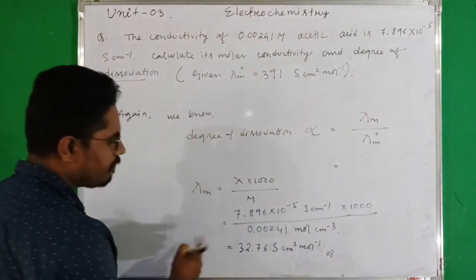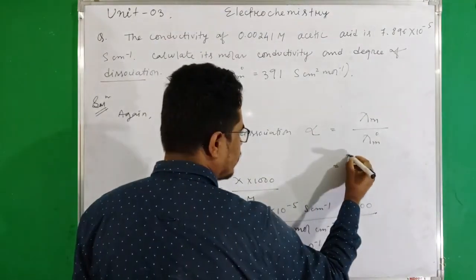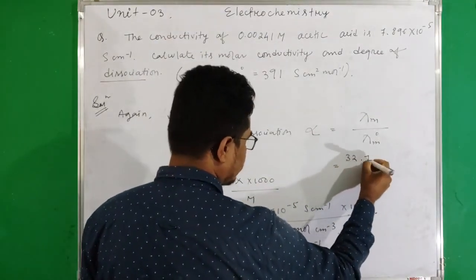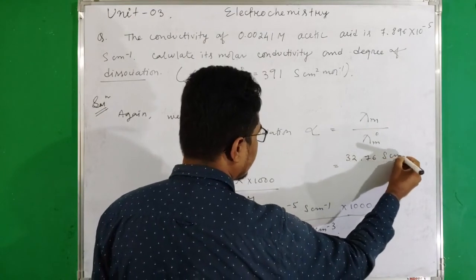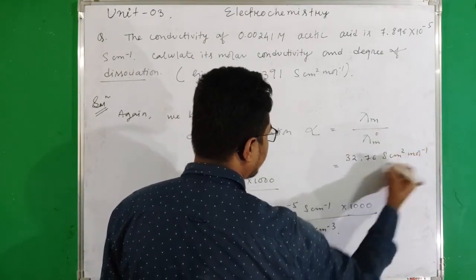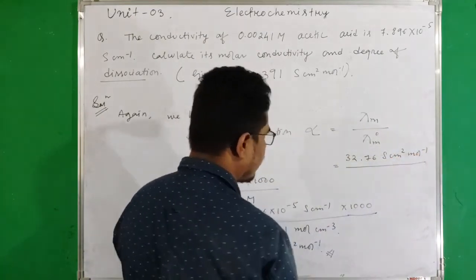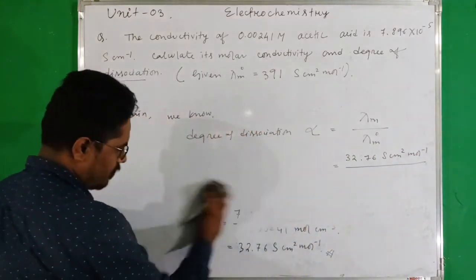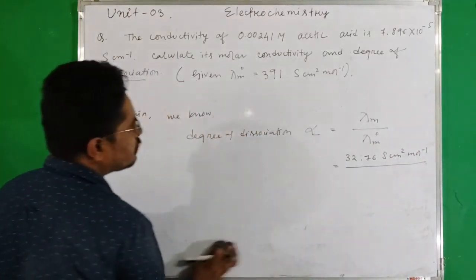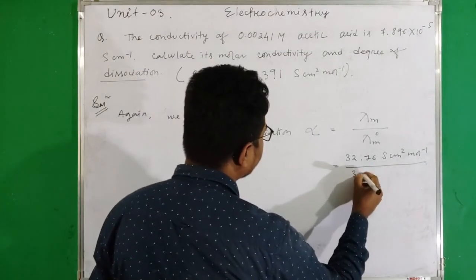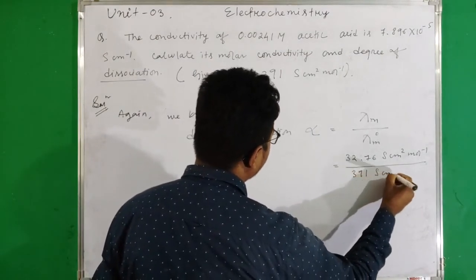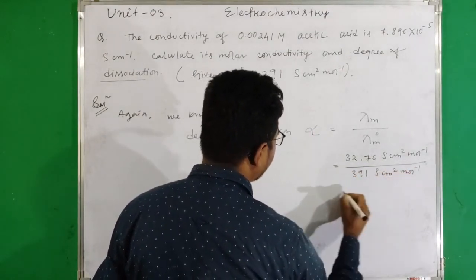The value of Λm we have determined as 32.76 Siemens centimeter square per mole, and the value of Λm naught is given as 391 Siemens centimeter square per mole.